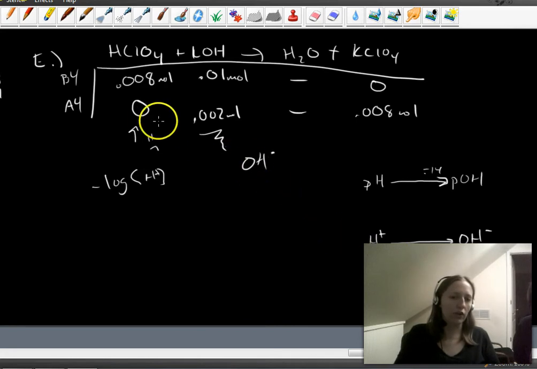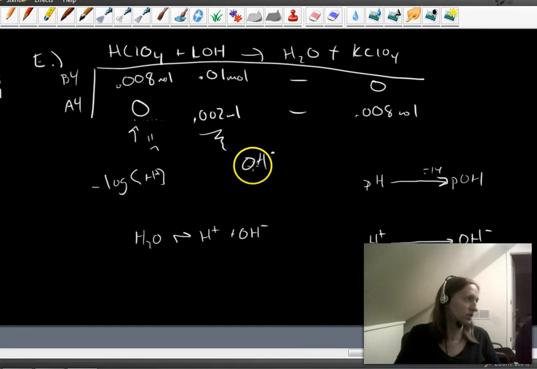And so we can figure out the H plus concentration that is a result of the combination of this and this, because this is always going on in the background. So all these extra OHs are driving this left and eating up the majority of the H pluses that are coming from this. But there is a tiny, tiny amount of H plus still remaining, even though the concentration of hydroxide is relatively high.